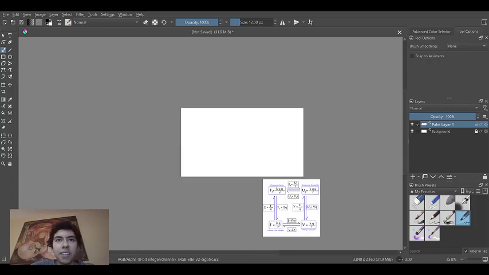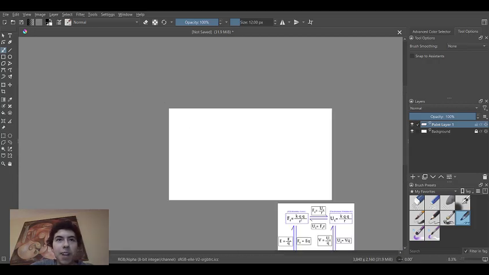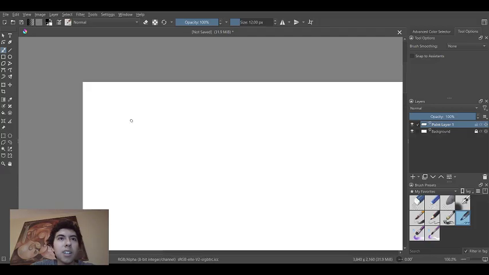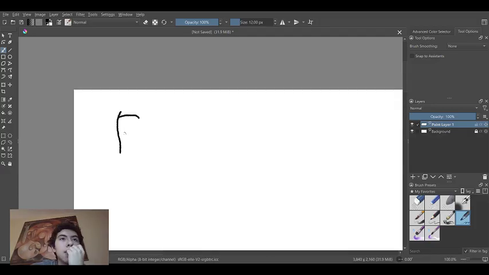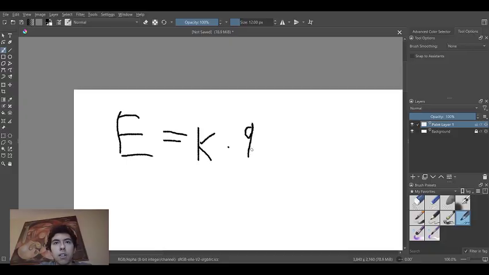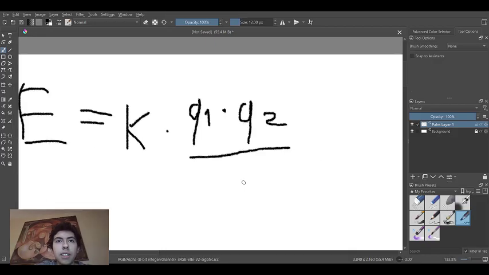So the equation for electric fields is E, the electric field, equals the Coulomb constant times the charge of particle 1 times the charge of particle 2 over the distance r squared.